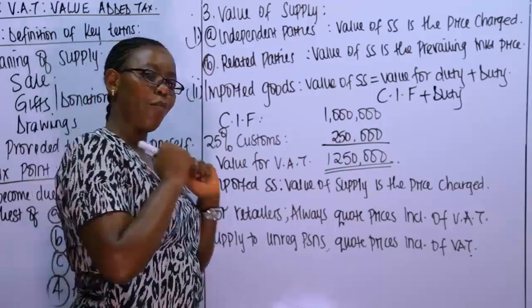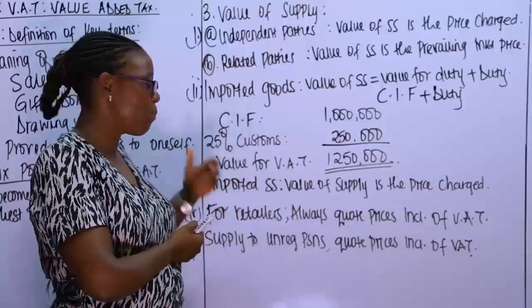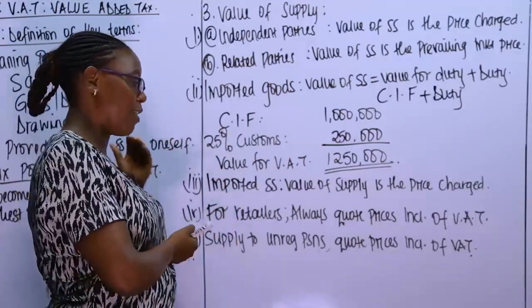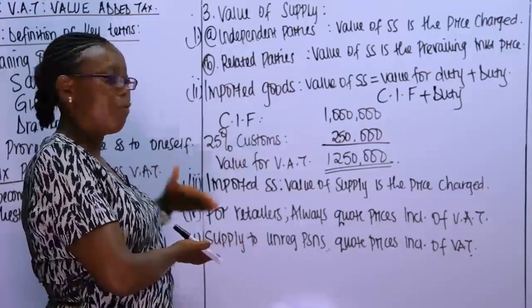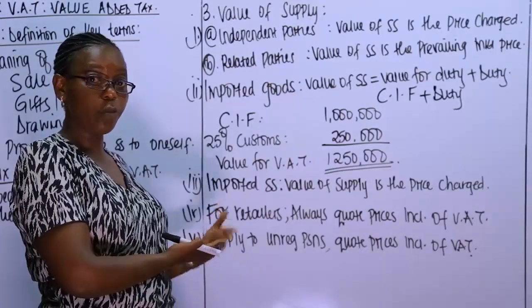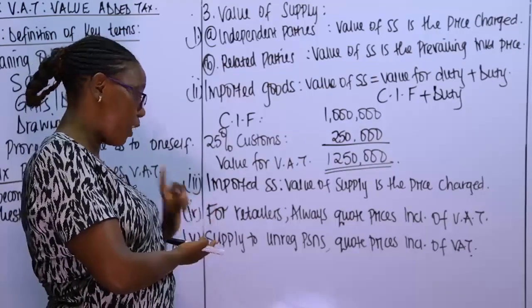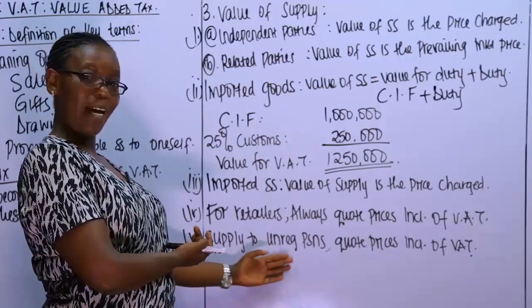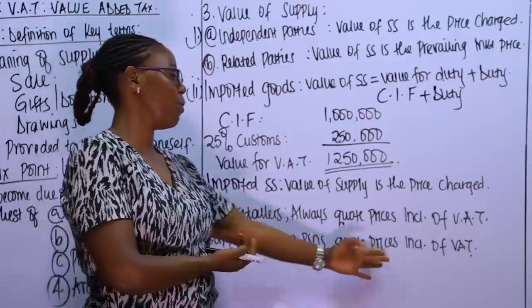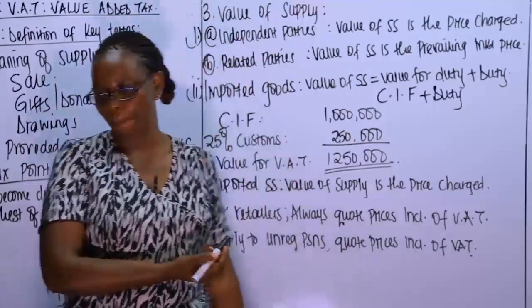If someone can't provide that, then you know that person is not registered, and as a result, even if normally you quote prices that are exclusive, for that particular person, because they can't prove their registration, you're going to quote the prices inclusive of VAT.